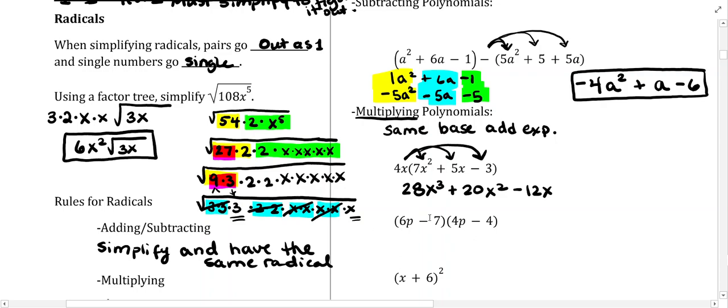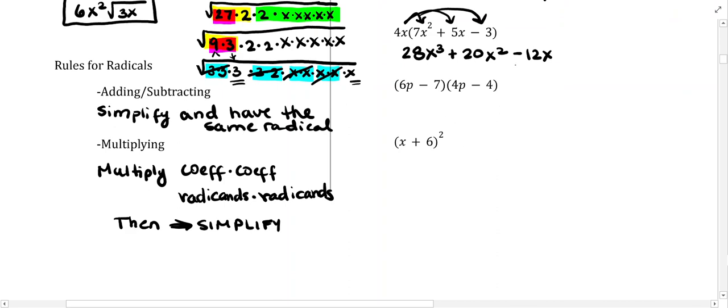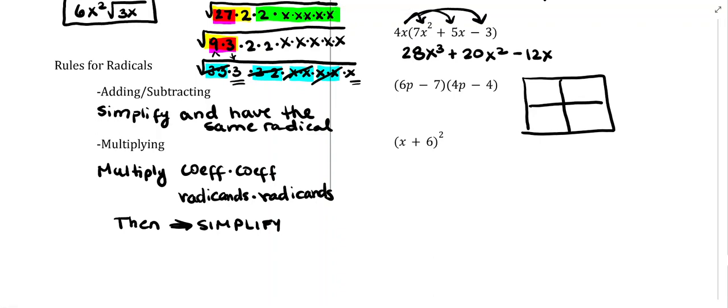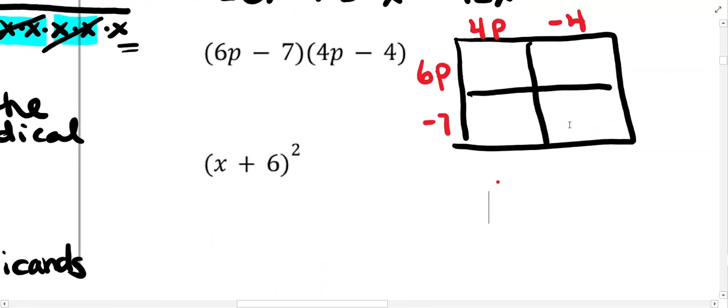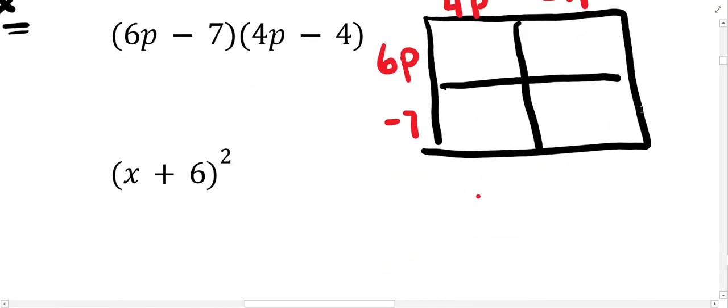Binomials. All right, so the way we did binomials in class was through the box method. So we said 6p minus 7 and 4p minus 4, and hopefully you're all more comfortable with this.